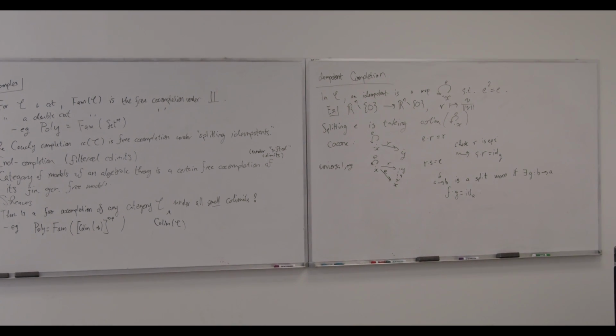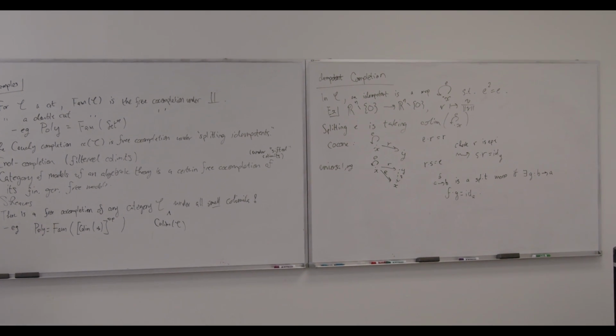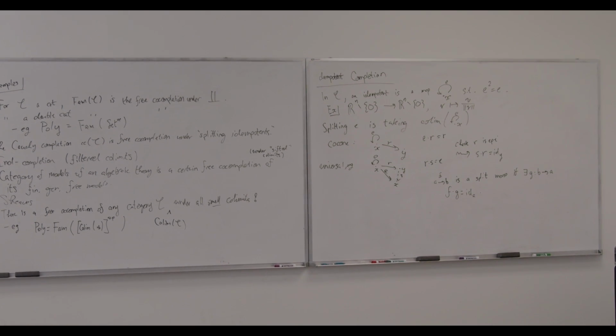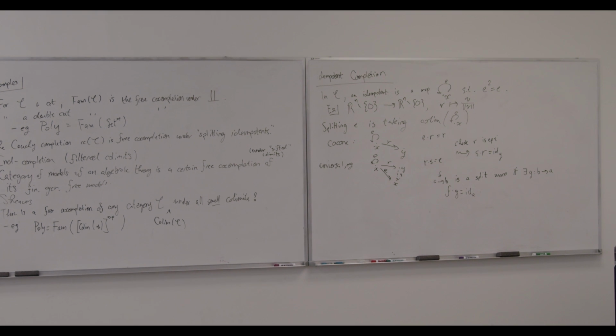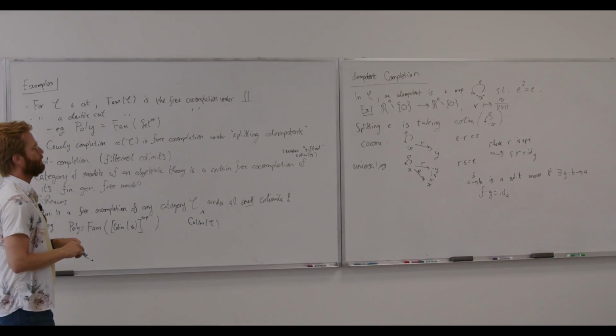Yeah, and you can say that together they form a splitting of the idempotent E. You split it into its two pieces. S is for section, R is for retraction, if those geometric terms are heuristic for you. Okay, so that's an idempotent splitting.